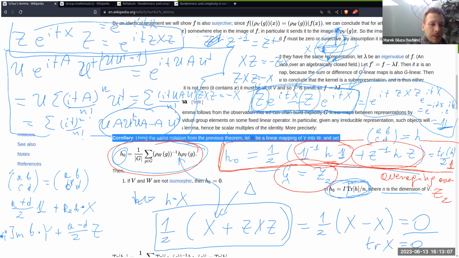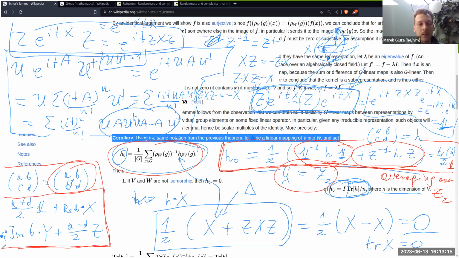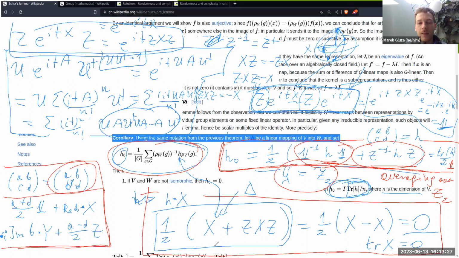But as I was scribbling here, any symmetrical Hermitian matrix can be decomposed as a summation of Pauli matrices, like this. Okay. And I gave you one example. What happens if my matrix is X?